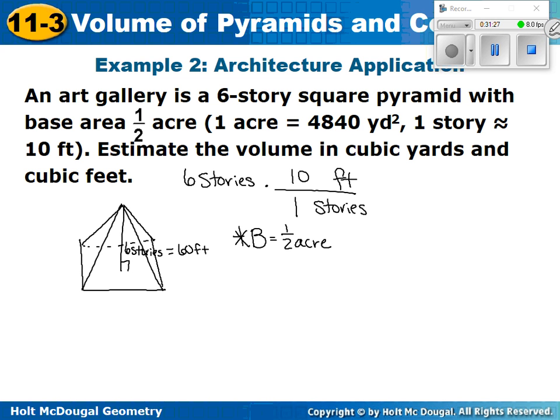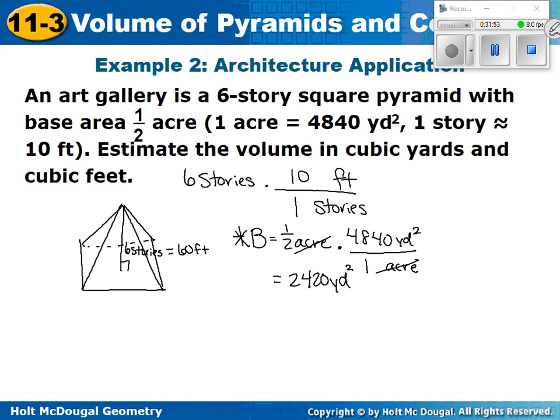So if it's 1/2 acre, we want the acres to cancel. Put them in the bottom. In 1 acre, there's 4,840 square yards. So the acres cancel. So you're taking 4,840 times 1/2. So how many square yards is our base? 2,420 square yards. Everybody okay there?